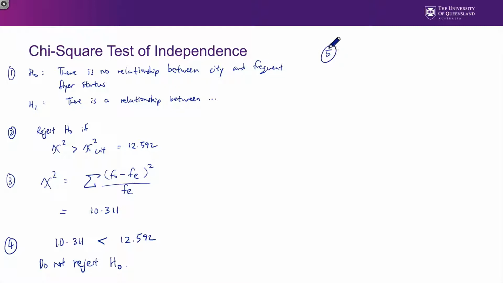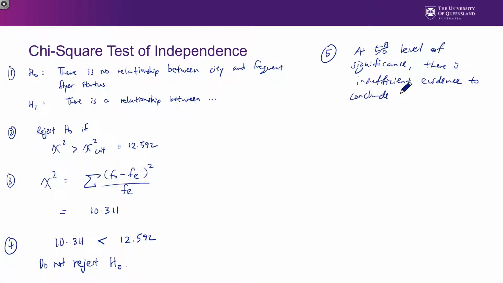If we do not reject H0, our conclusion is that at the 5% level of significance, there is insufficient evidence to conclude that there is a relationship between city and frequent flyer status.